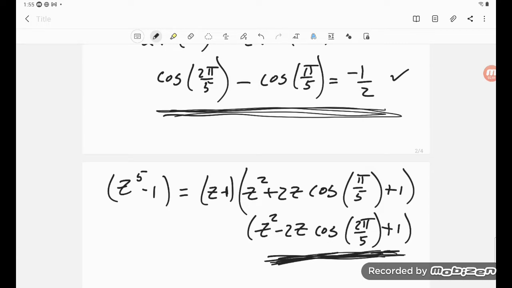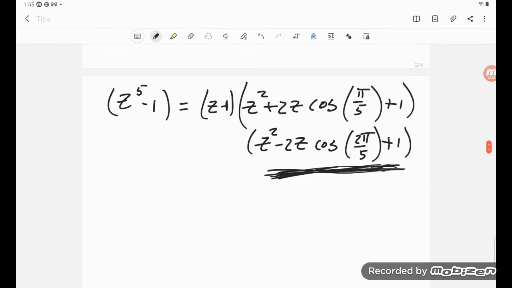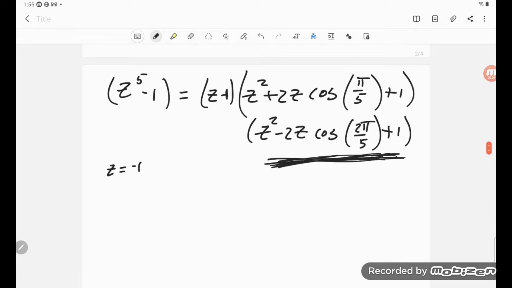But the z squared term still has something else, and we'll see what that is when I do this. So I'm going to let z equal -1, and when you do that, you'll get -2 is equal to -2 times 1 minus 2.